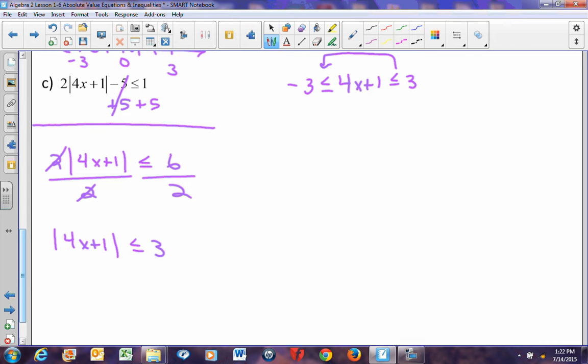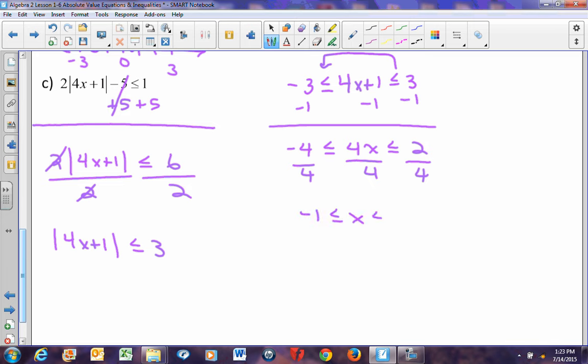Now we can solve this. Subtract 1, subtract 1, subtract 1. Negative 4 is less than or equal to 4x, which is less than or equal to 2. Divide by 4, divide by 4. And negative 1 is less than or equal to x, which is less than or equal to 1/2. So x is between negative 1 and 1/2. The numbers are very, very close to each other. So I'm just going to do this.